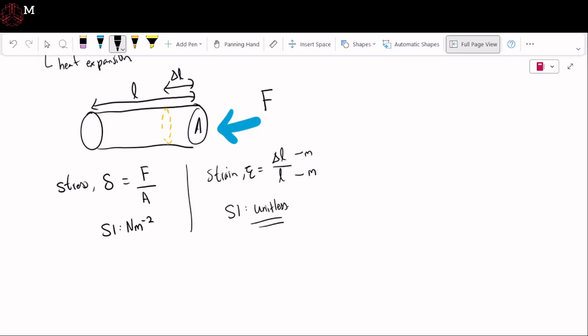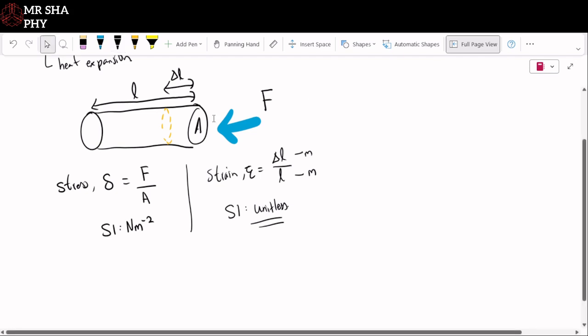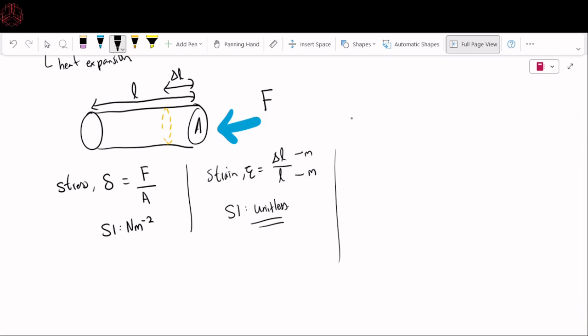Okay, all right. So now how do I relate between the amount of force I'm applying and the measurement of deformation? Well, this is where Young's modulus comes in, which is simply just the stress over strain.